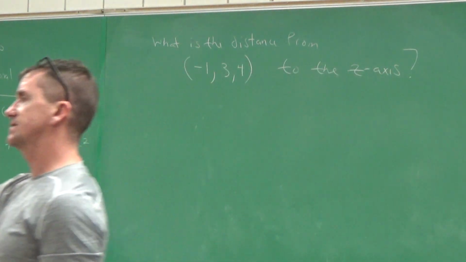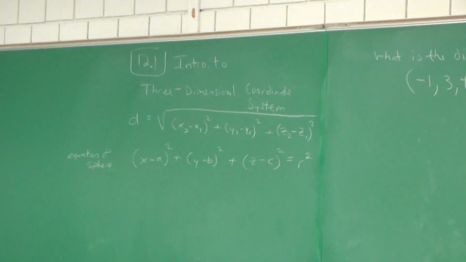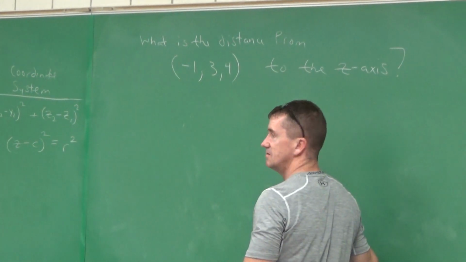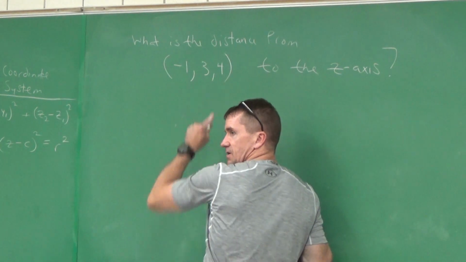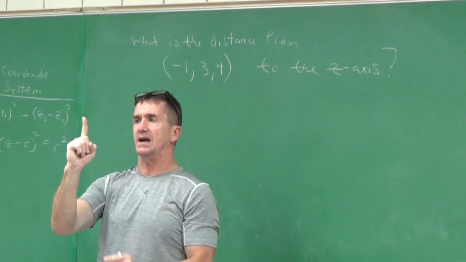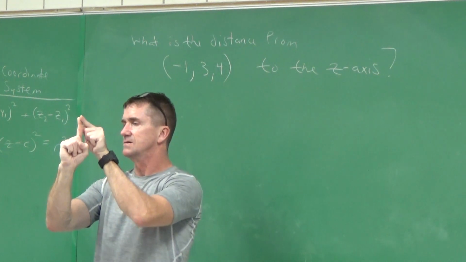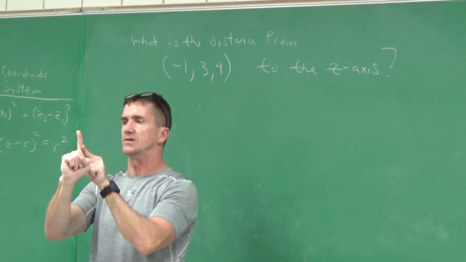If the point is going to be on the z-axis, then the x and y values will be 0. Does everyone agree? On the z-axis, x and y take on the value 0. You can always think of that as what a z-intercept is: the x and y are 0.